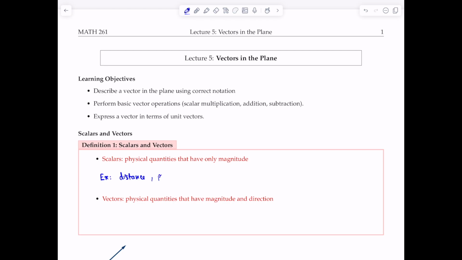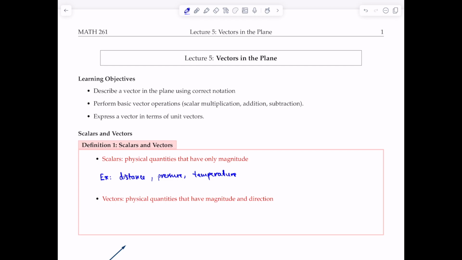The pressure that you apply on some object, or if you measure the temperature around you or the temperature of the weather, that is also considered a scalar value because it just has magnitude.